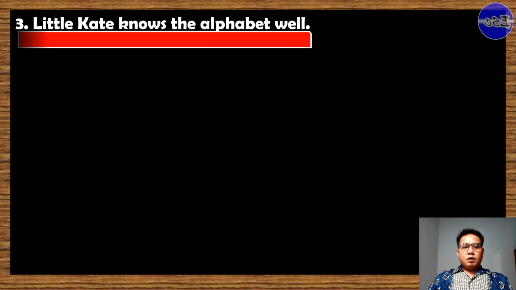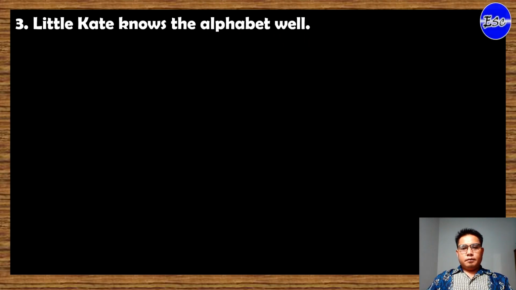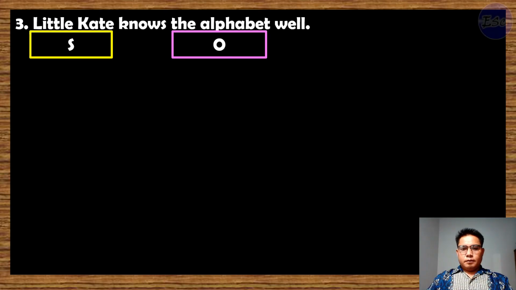Number 3. Little Kate knows the alphabet well. Okay, so the subject is Little Kate and the object is the alphabet.